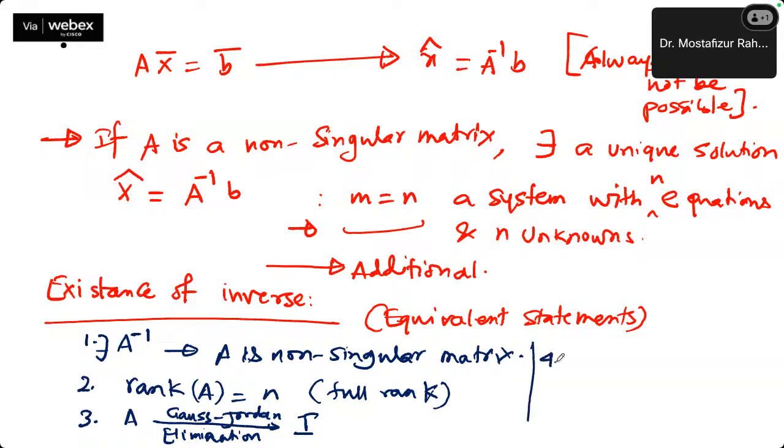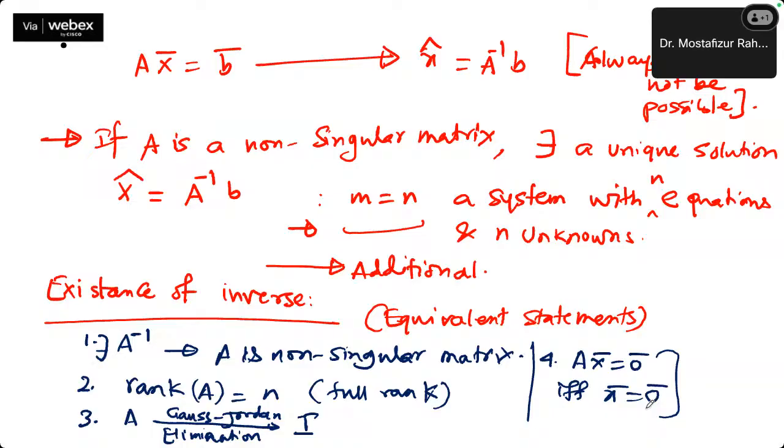And the fourth point is, if Ax bar equals 0 vector, and this will happen if and only if x vector equals 0 vector. If this is the situation, all these four statements are equivalent actually.